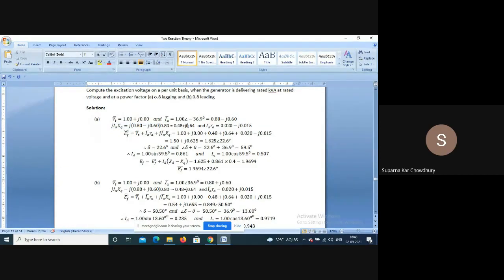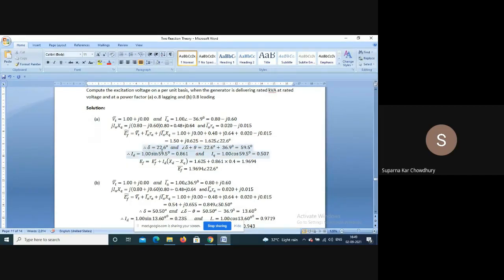So this is the value of j Ia Xq. IaRa is Ia into Ra. So Ef dashed is equal to Vt plus IaRa plus jIaXq. Adding, we get 1.625 angle 22.6 degrees. So delta is 22.6 degrees. So delta plus theta will be 22.6 plus 36.9, that is 59.5 degrees.